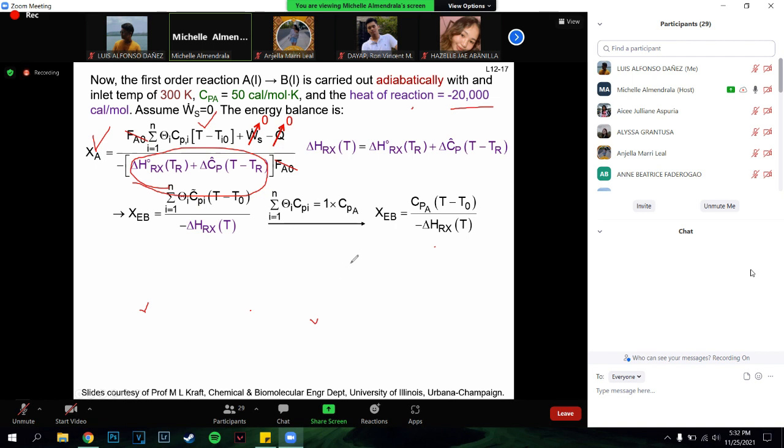For component 1, if there is A, so pi A is simply FAO over FAO, so that is simply 1.